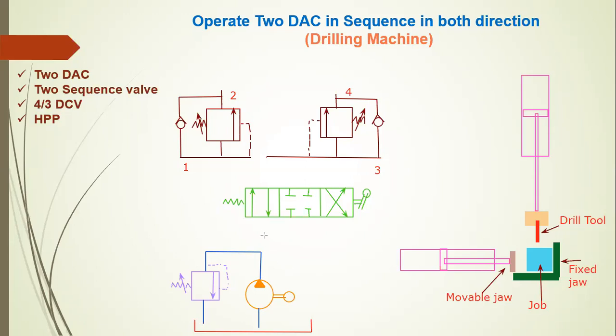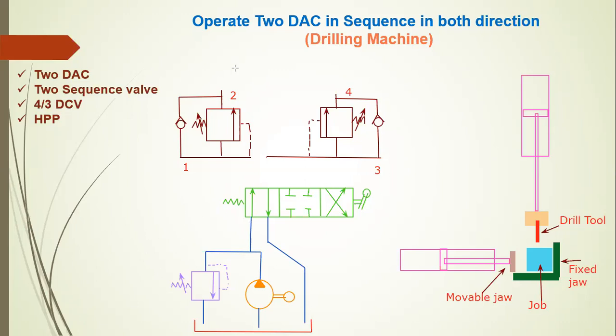Then the oil passes from the pump motor set to the direction control valve in the first position, and another output from the direction control valve is connected to the hydraulic tank.